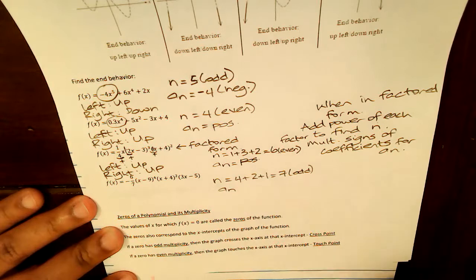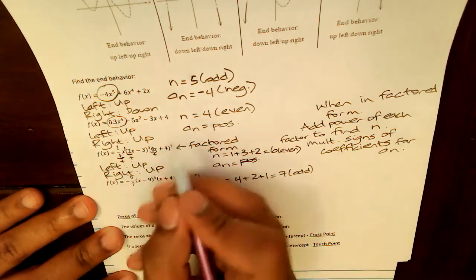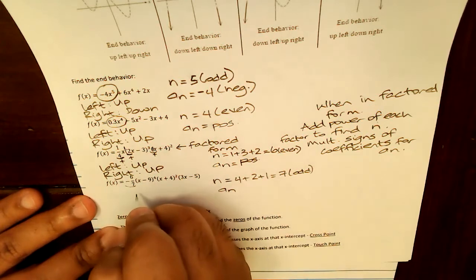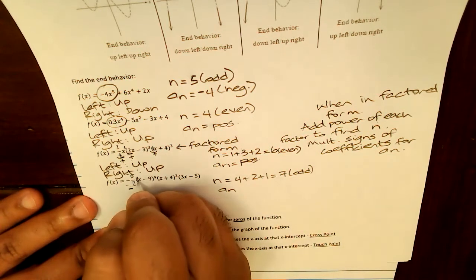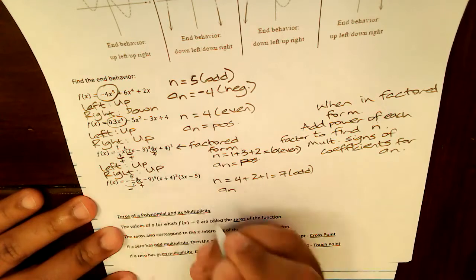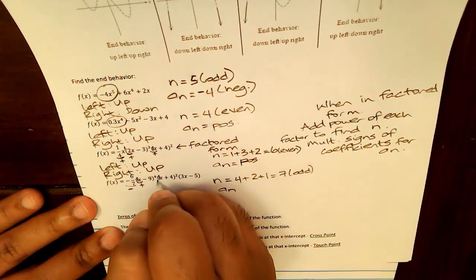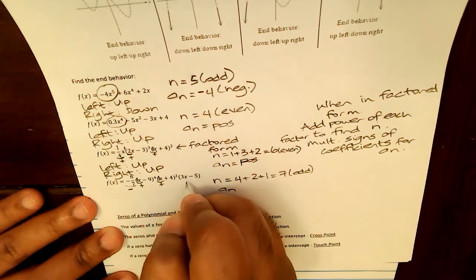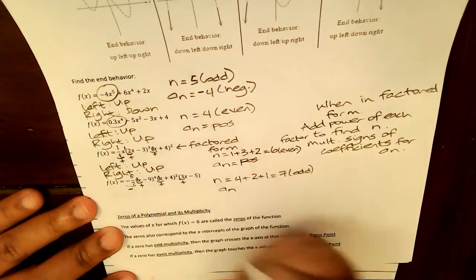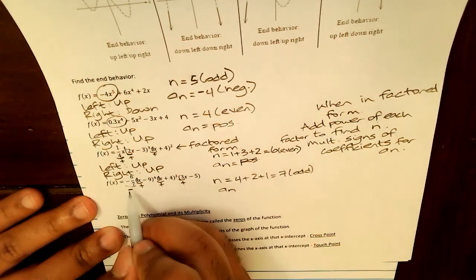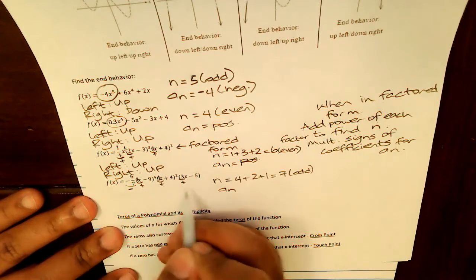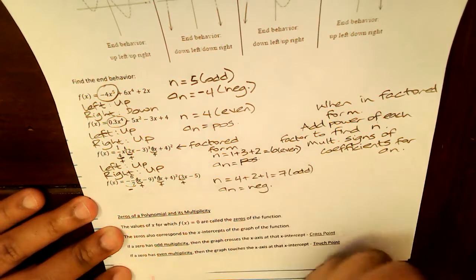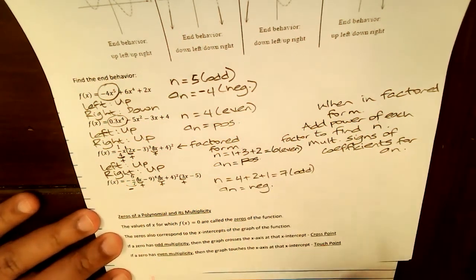Now to figure out an, we're going to look at the numbers in front. The number in front I have -6/7, which is a negative number. In front of this x, I have a 1, which is a positive number. In front of this x, again, I have a 1, which is a positive number. And in front of that x, I have a 3, which is a positive number. When I multiply a negative times a positive times a positive times a positive, I'm going to end up with something that's negative.